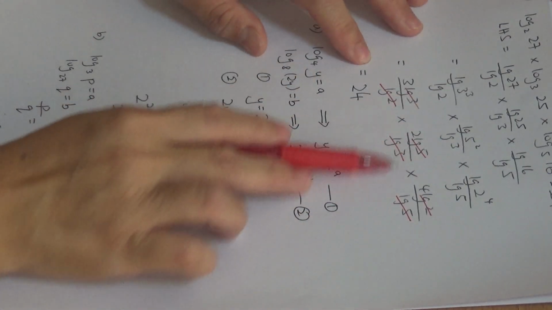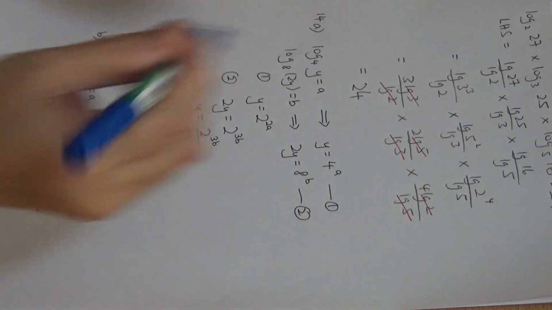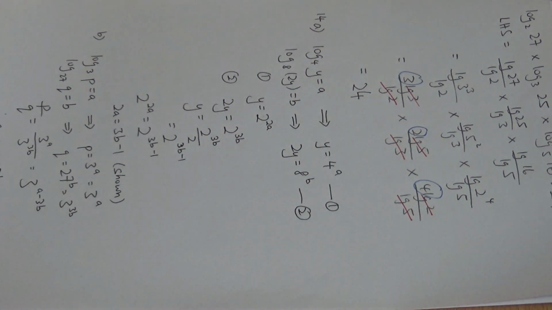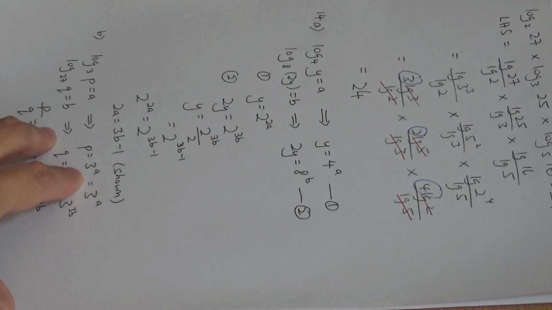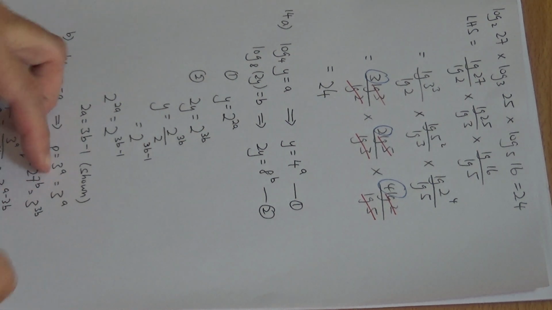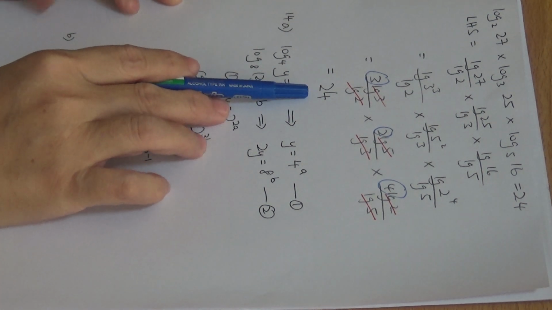Now if I bring the powers down, I'm able to cancel most of it, and what is left is this. So when I multiply these three numbers up, I will get 24. So basically we just change it to the same base, and after that we can do some manipulations and we can get the answer 24.